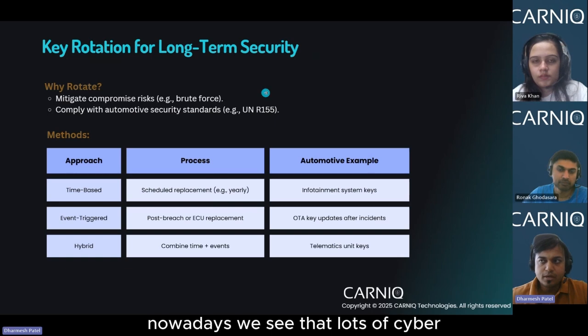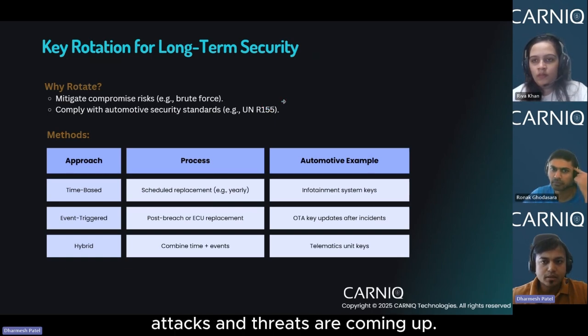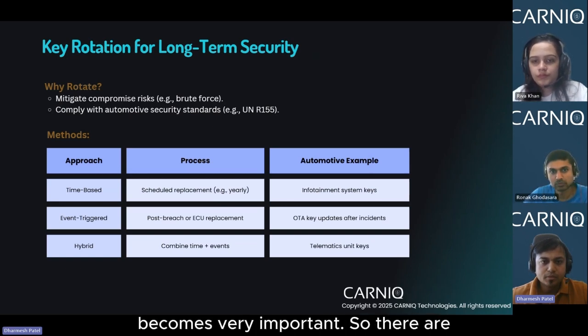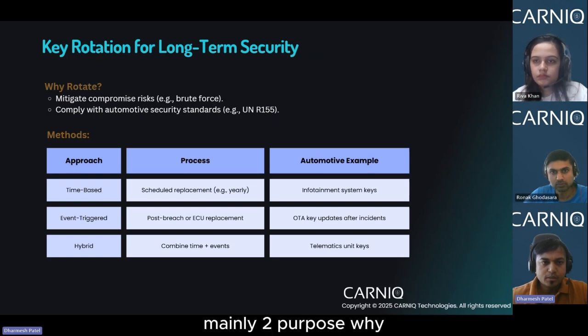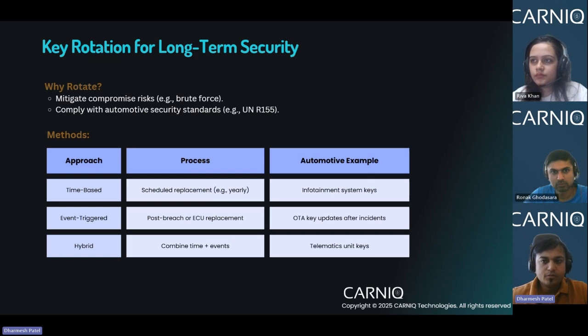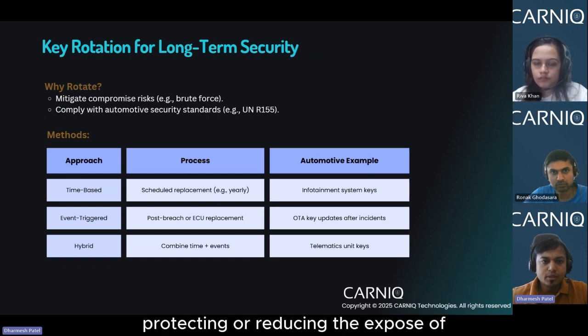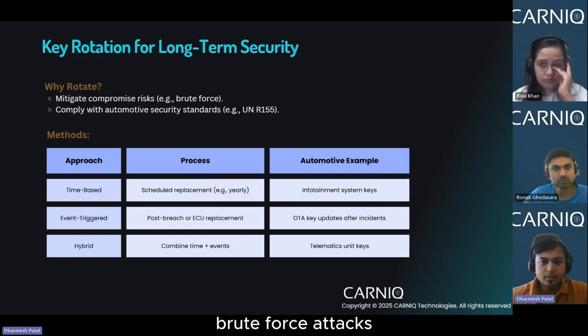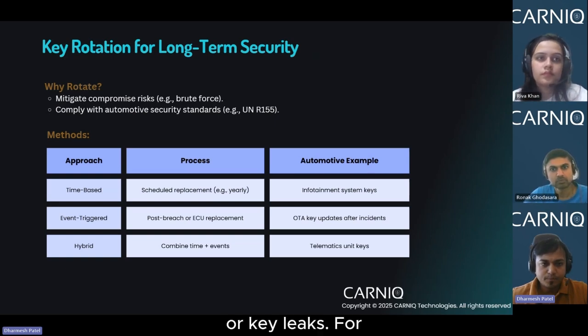Nowadays we see that lots of cyber attacks and threats are coming up. So that's where key rotation becomes very important. There are mainly two purposes why we require the rotation of keys. One is risk mitigation, which is protecting or reducing the exposure to brute force attacks or key leaks.